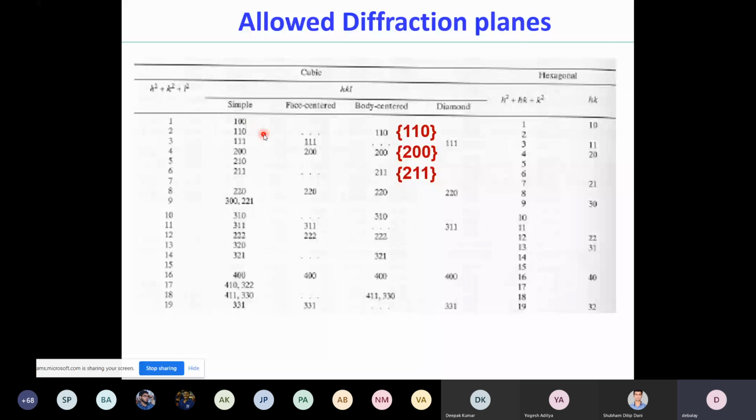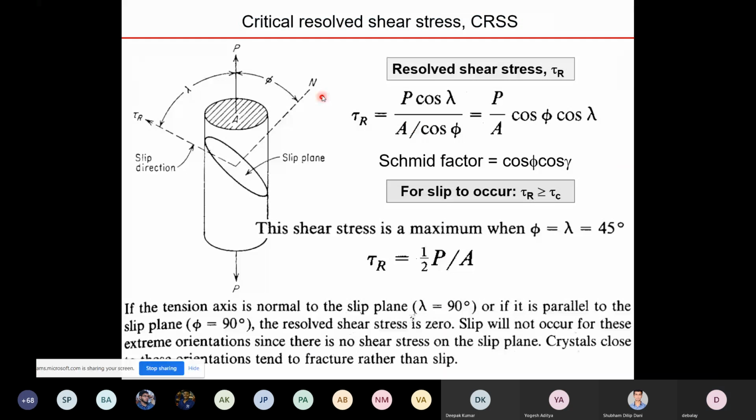Critical resolved shear stress. The load application direction and applied load is P, showing the slip plane and the slip direction. The angle between the loading direction and slip direction is lambda. The angle between the slip plane normal and loading direction is phi. So the resolved shear force is P cos lambda acting on the area A by cos phi.